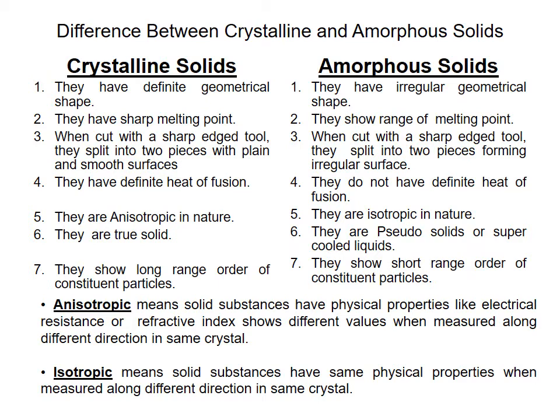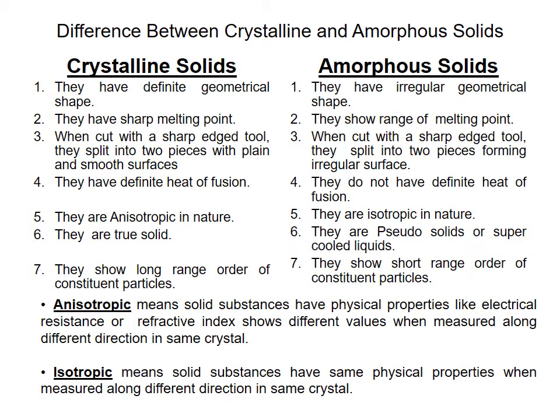Now, isotropic substances means those substances which show that the physical properties along any direction in the crystal are the same. Then such substances are considered to be isotropic in nature.